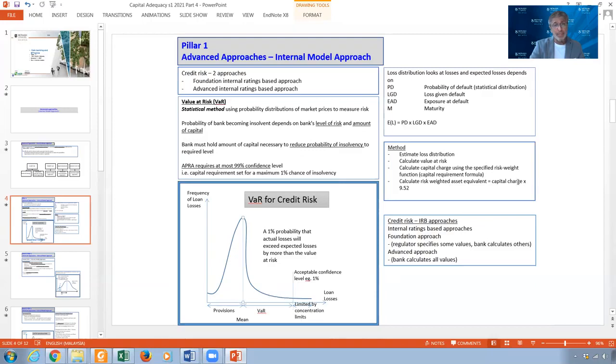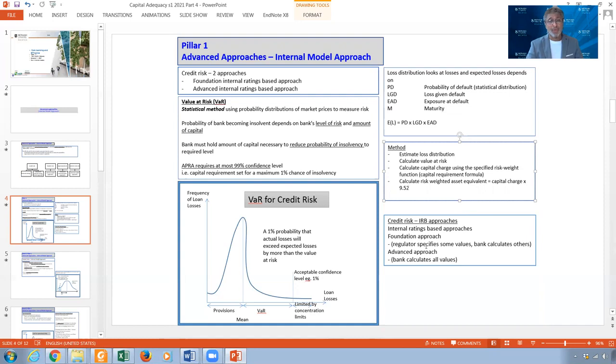You multiply it by 9.52 and you get the risk-weighted assets. This is just for credit risk. You can have it for market risk, for operational risk, for all those risks. You put it in the denominator, and the numerator is the capital coming from the balance sheet, and see if the bank is satisfying or not satisfying the ratios that are coming through Basel.